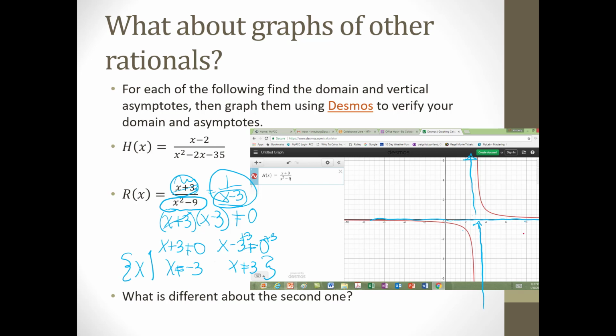So for your range, if we were going to do range, I'll do R with a colon to symbolize range. That would come up from negative infinity to 0. Then we would jump over 0, so that we'd use a union because there's a gap, and continue on from 0 to infinity, which is this section here because there's a red portion to our graph showing up there.